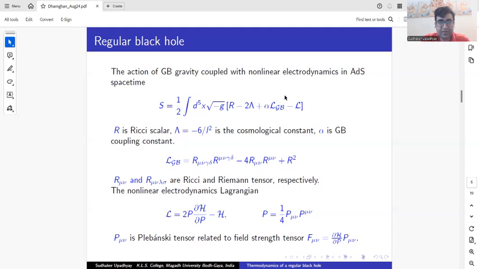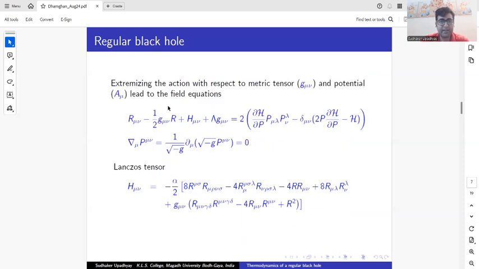If you consider this action describing gravity, what will be the equations of motion? By extremizing the above action with respect to the metric tensor g mu nu, we find the Einstein equation of motion with this expression, where there is the usual GR term and the cosmological term.